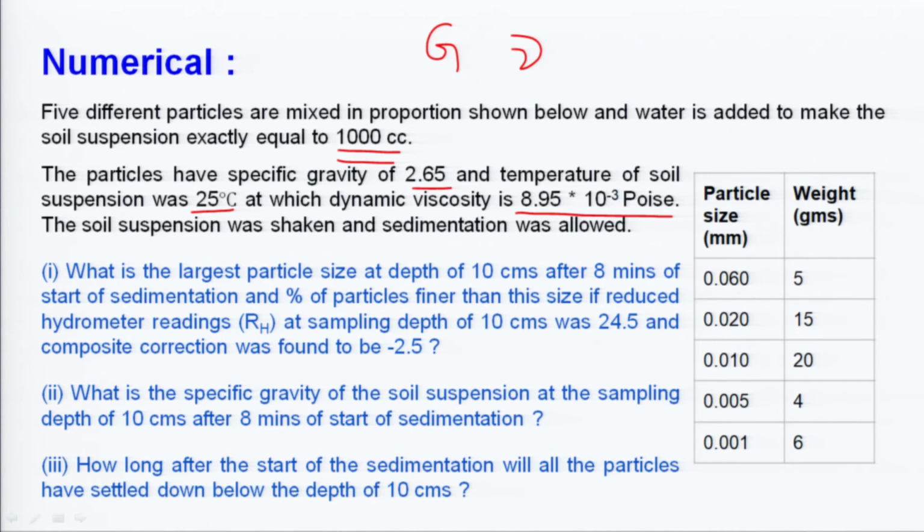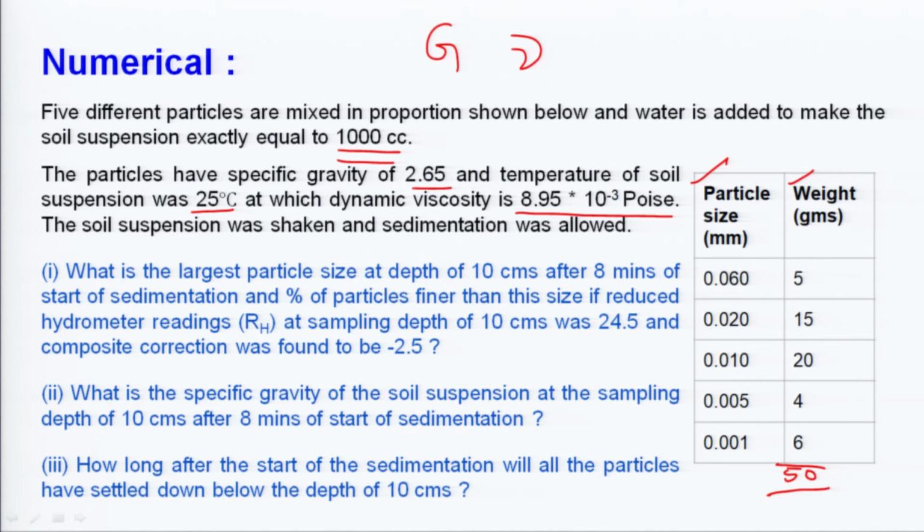Now, see here, the particle sizes are given to you and the weights are given. For this particle size it is 5 grams, 0.020 mm, then 15 grams, 0.010, then 20, 4 and 6. 5 plus 15 plus 20 plus 4 plus 6, that is 20, 30, 40, 50, a total of 50 grams of soil that we have taken here.